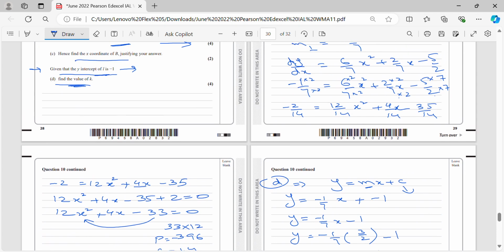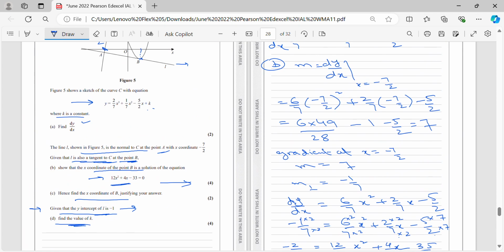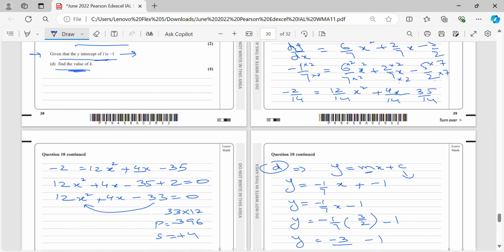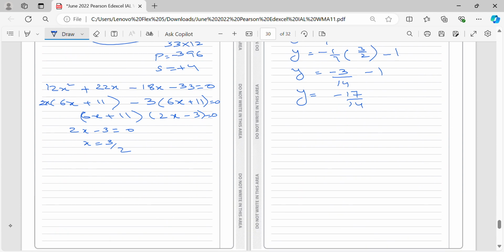I have to find the value of k. So I will replace the x and y values in the equation of the curve and get k. Let's copy down the equation here. y equals 2 over 7 x cubed plus 1 over 7 x squared minus 5 over 2 x plus k.